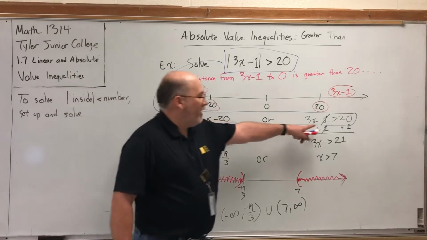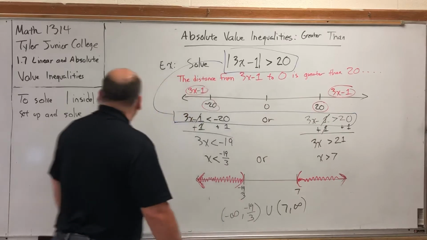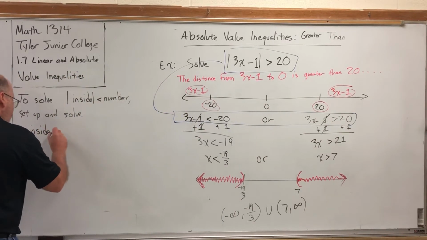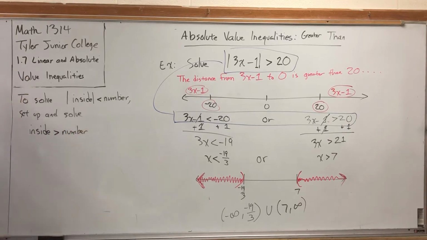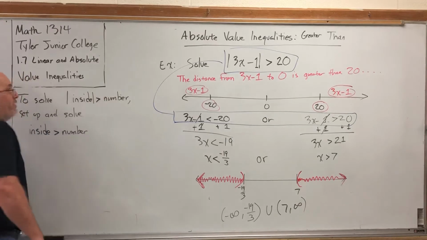One of our inequalities was the inside greater than the original number. In other words, excuse me, this is incorrect. To solve absolute value of the inside greater than a number, that's what we did.